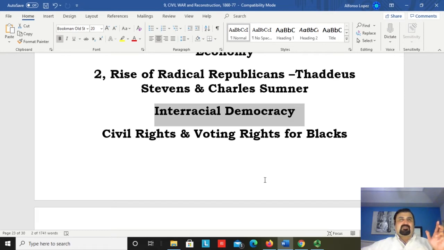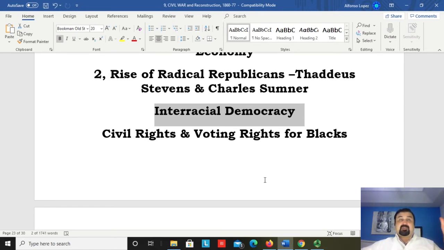Are they going to have an opportunity to prosper economically in the United States? Are they going to have the opportunity to get an education? Will they be able to own their own land and become independent, let's say farmers, for example? Will they be able to vote and hold office?